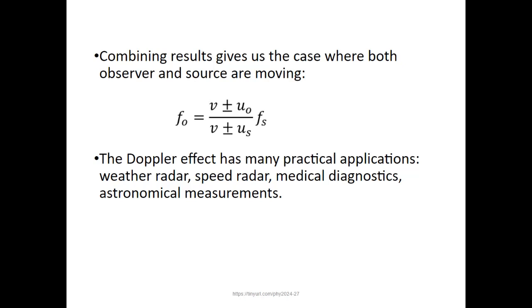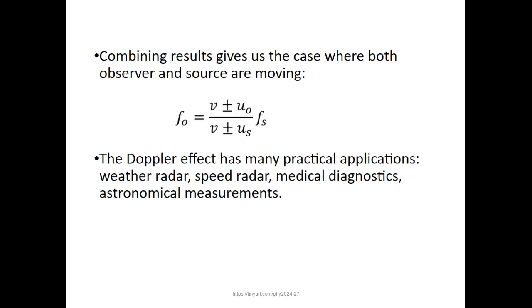Radars, like speed radar, use the Doppler effect. If you have ever been stopped by a police car for speeding, then they used radar for that. Medical diagnosis also uses the Doppler effect. Astronomical measurements use the Doppler effect too.